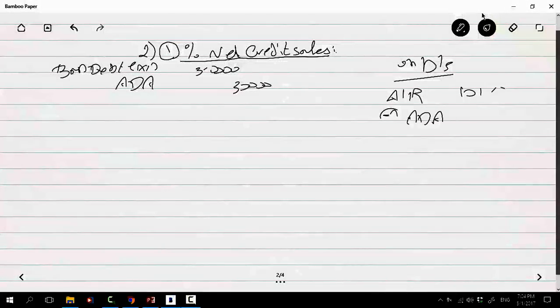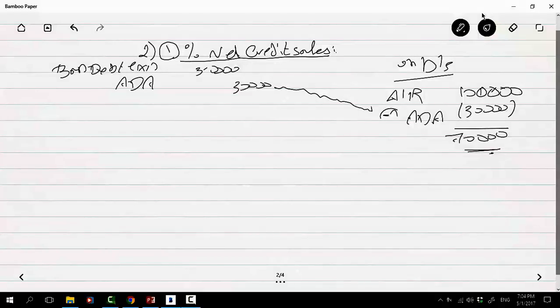If the accounts receivable was 100,000 and I'm expecting not to collect 30,000, then I'm expecting to collect $70,000. I will discuss now, in another way, where we got the $30,000 from.